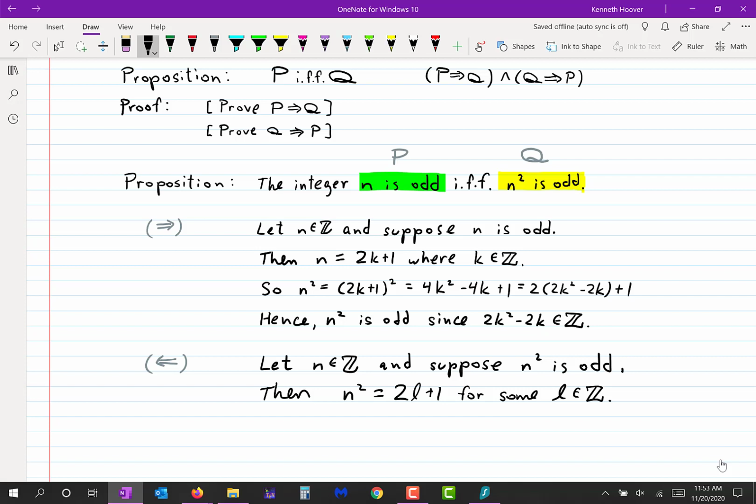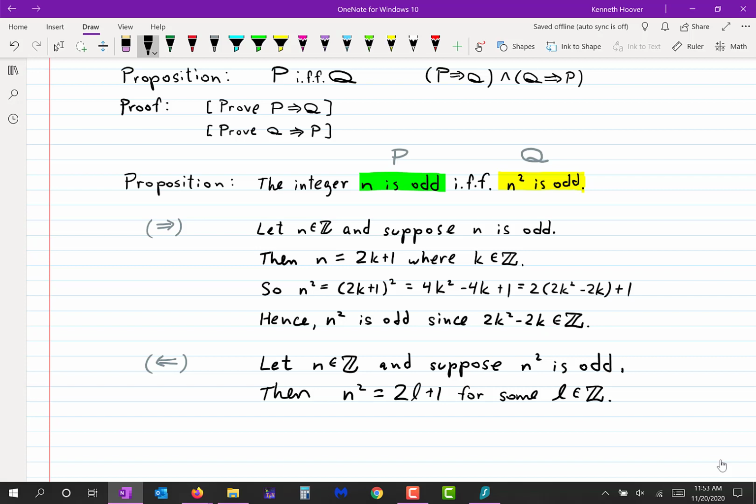So what do I do? I don't keep ramming my car into the brick wall. I see if there's a way around it. But if I don't find a way around it fairly quickly, then I say, maybe I should be going a different direction altogether. Okay, so I started off trying to prove this directly.